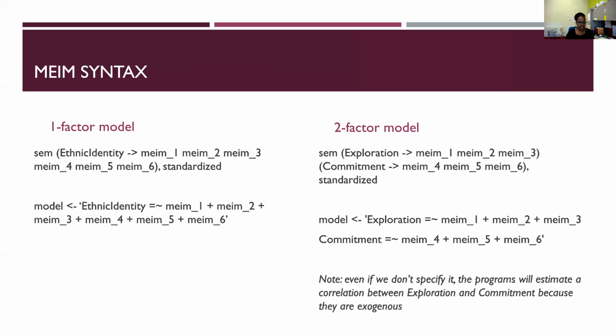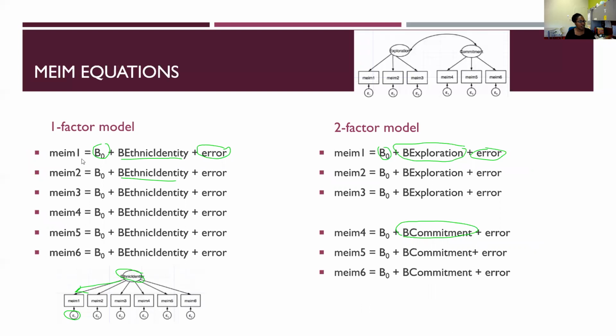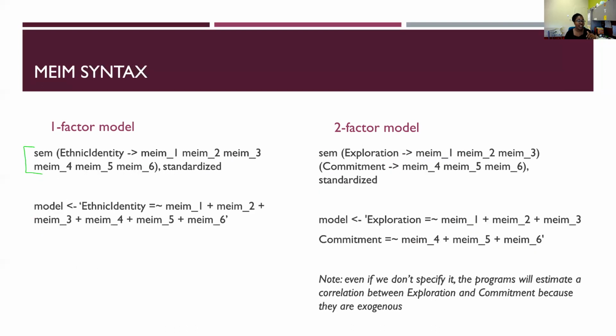All right, and now let me show you the syntax for these 2 models. So this is Stata up here, as we've seen before. Well, this is actually a little bit different. What we've seen before is we would have our dependent variable with an arrow facing toward it, and then our independent variables. Instead of writing these 6 equations as mean 1 being predicted by ethnic identity, mean 2 being predicted by ethnic identity, we can do a shorthand and say ethnic identity is the factor predicting mean 1, 2, 3, 4, 5, and 6.